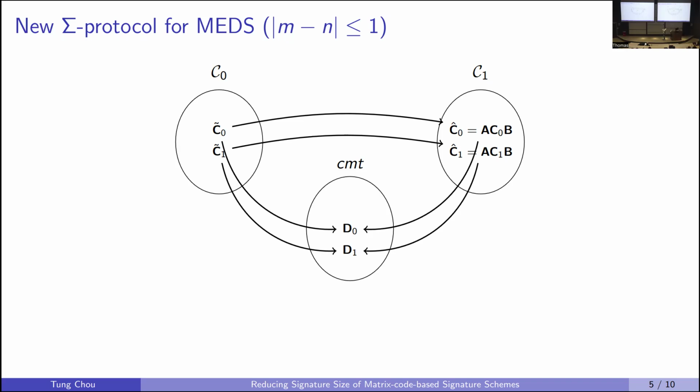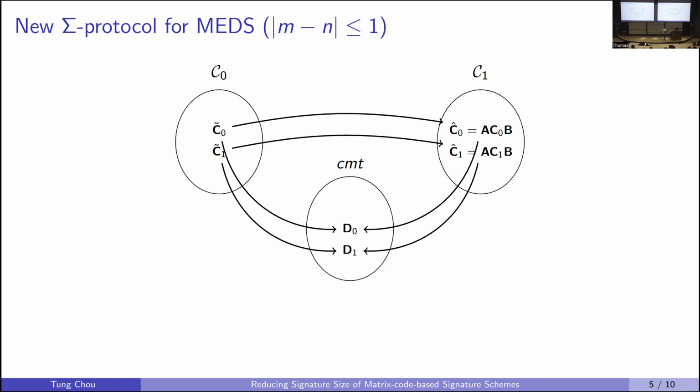Then to really derive the commitment, the prover derives the asymmetry from the interpolation data, applies it to C0, and computes the commitment. To represent the response, the prover just uses C0, C1, D0, D1.